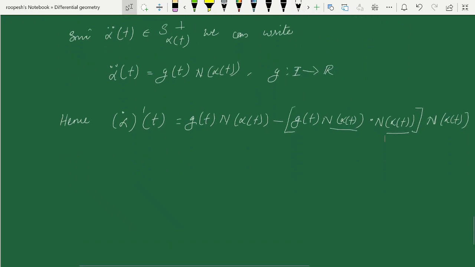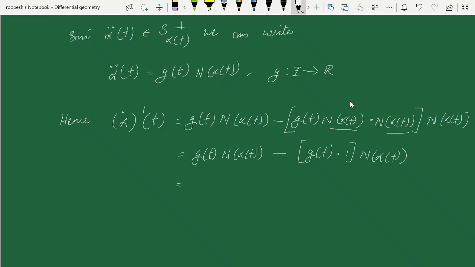So this is equal to g of t n of alpha of t minus g of t times 1 times n of alpha of t, which is g of t n of alpha of t minus again g of t n of alpha of t. So what you get is equal to 0.